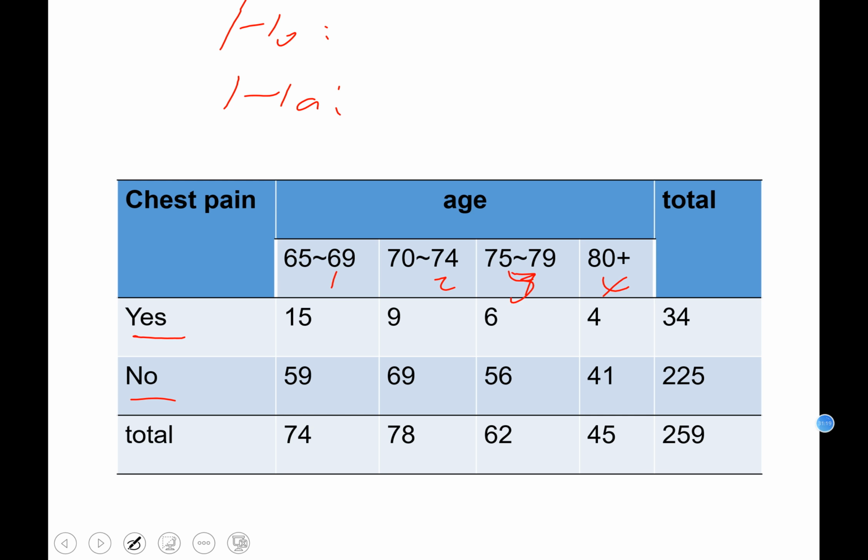So we need to use a word to represent its corresponding H0. That is, there is no significant difference between groups. And HA is there is significant difference between groups. And alpha is 0.05.